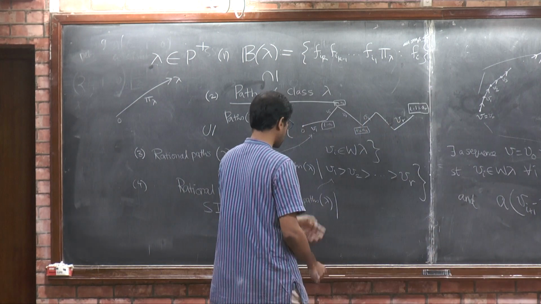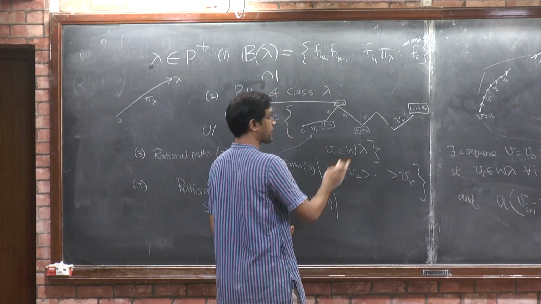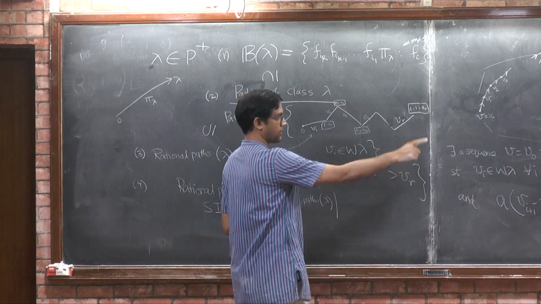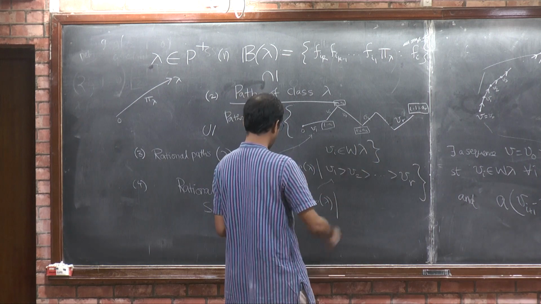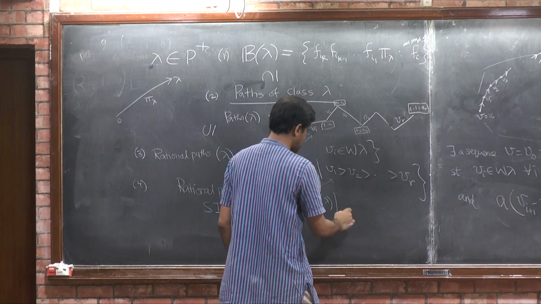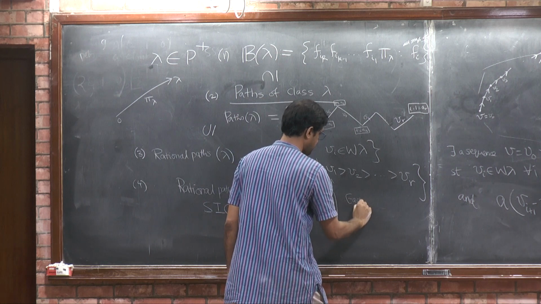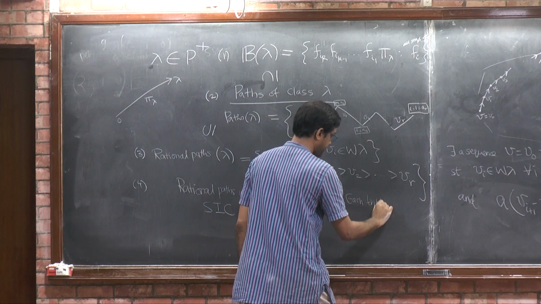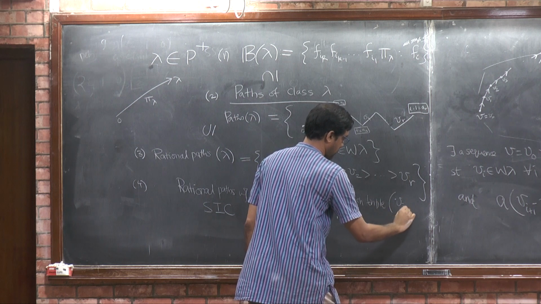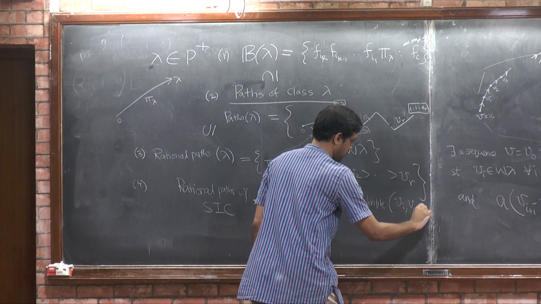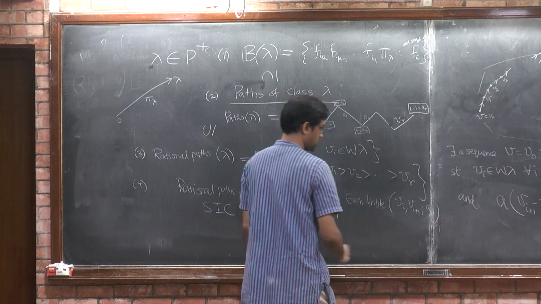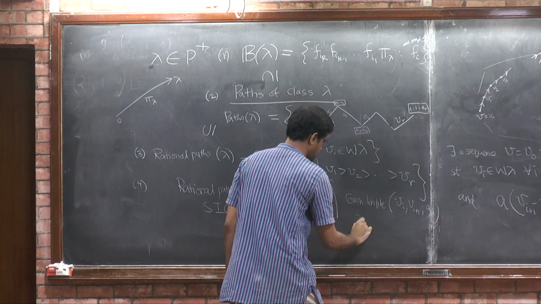Okay, so pi in rational paths, and now I demand this for every timestamp, since it's a multi-segmented path in general. So it's all rational paths such that each triple, incoming direction, outgoing direction, timestamp, satisfies the strong integrality condition.